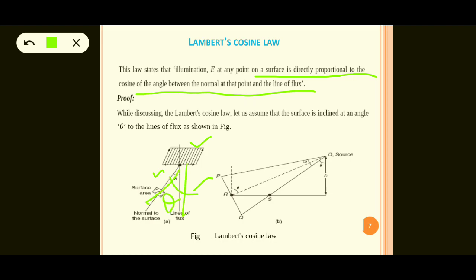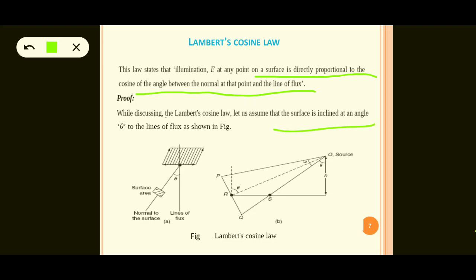This is theta. So from this figure, the surface is inclined at an angle theta to the lines of flux.